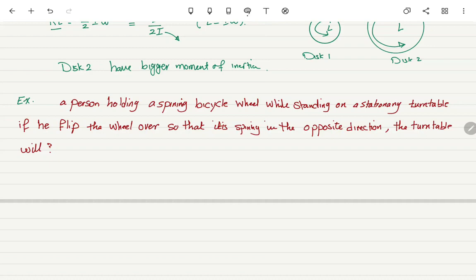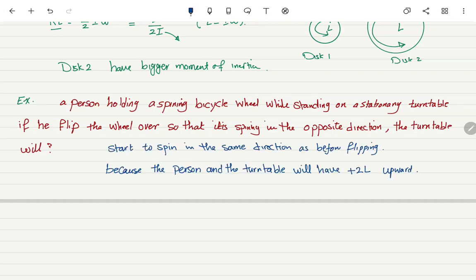Now, if the wheel has negative angular momentum, which means directed downward, the table and the person both will have plus 2L angular momentum directed upward. So the answer is it will start to spin in the same direction as before flipping, because the person and the turntable will have plus 2L directed upward.